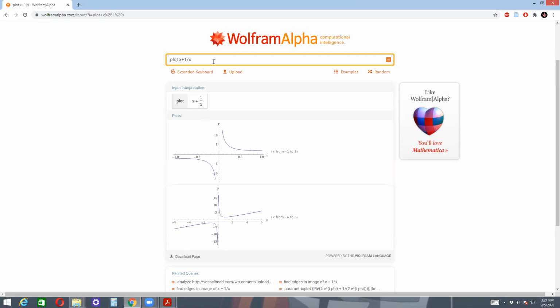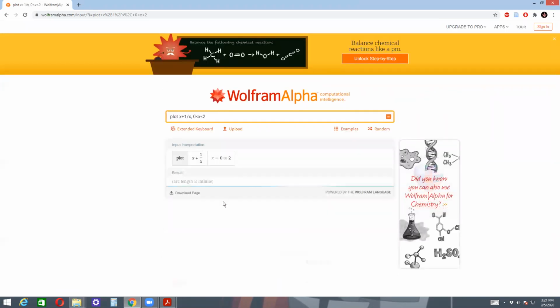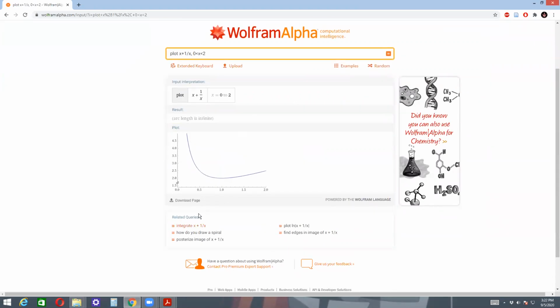I should probably specify the range a little more: 0 less than x less than 2. Right, so this is easier to see. So the minimum value, well, when x is 1 is actually the absolute minimum here.